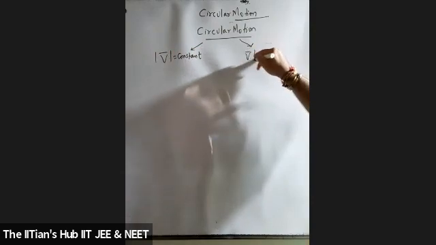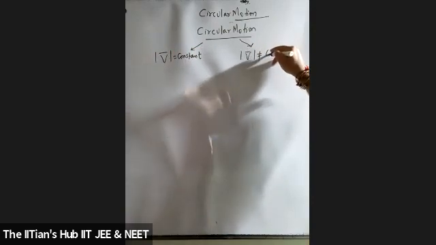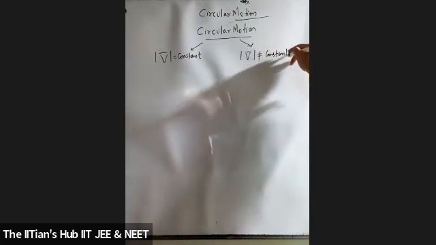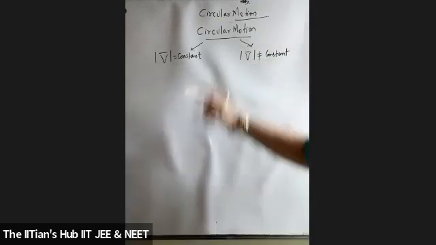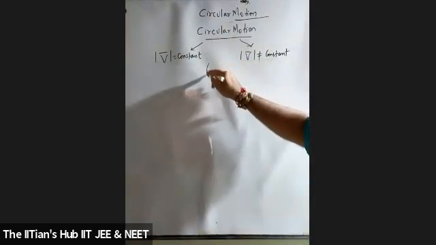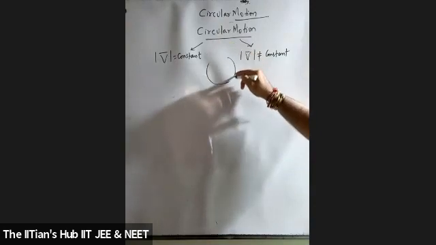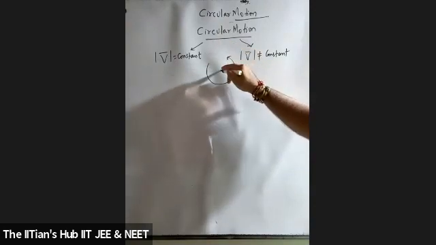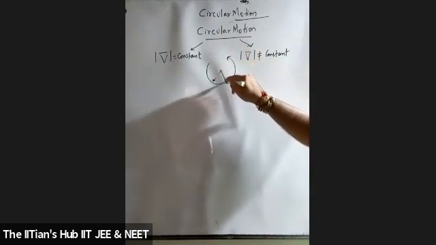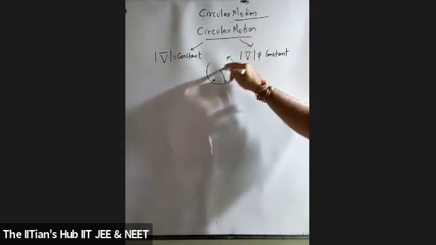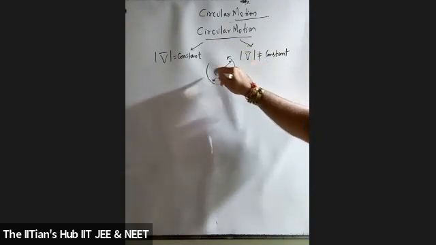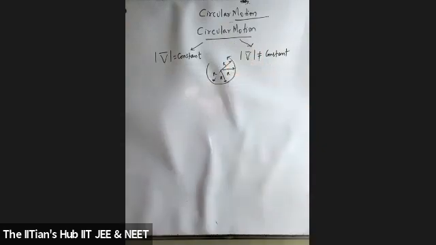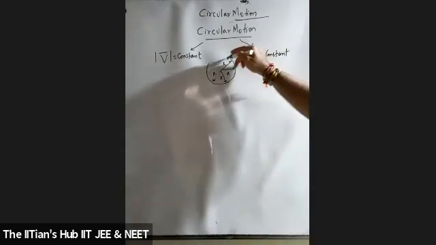And if the magnitude of velocity does not remain constant, then what kind of motion is this? Circular motion का मतलब क्या? Motion of a body along the circumference of a circle with a constant radius, or along an arc of constant radius. Such a motion is called a circular motion.